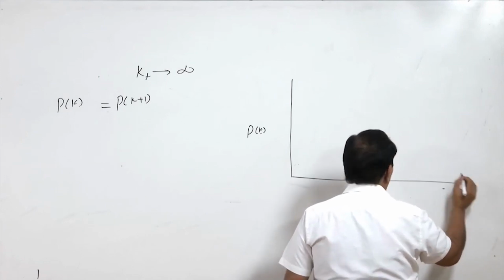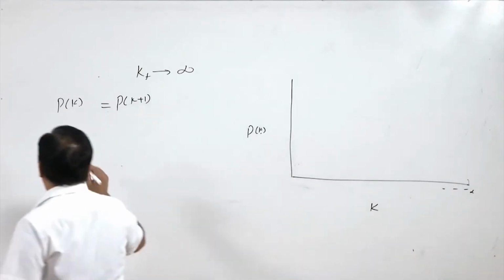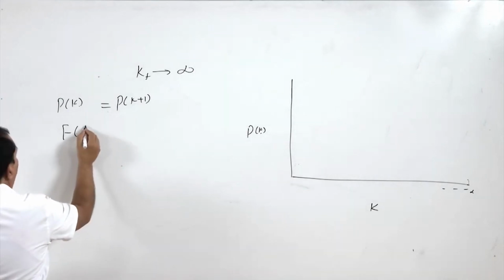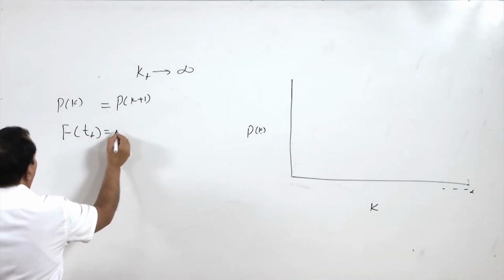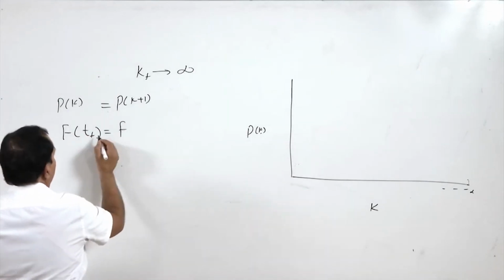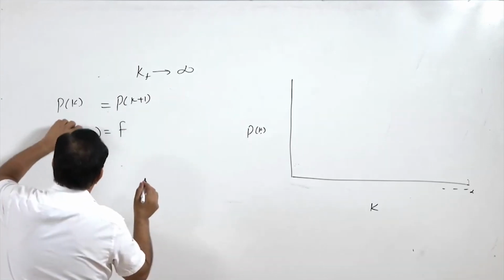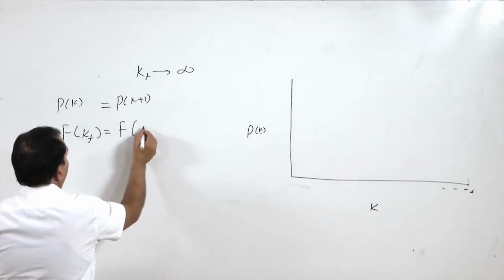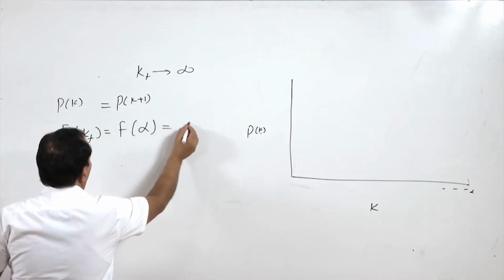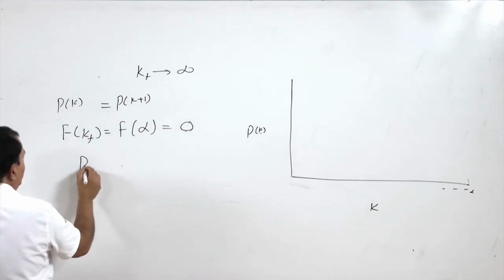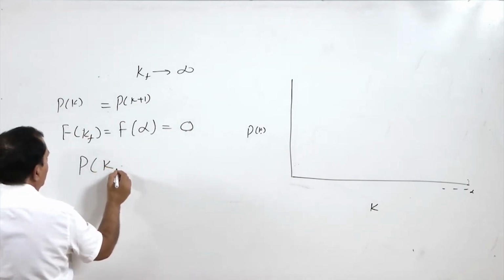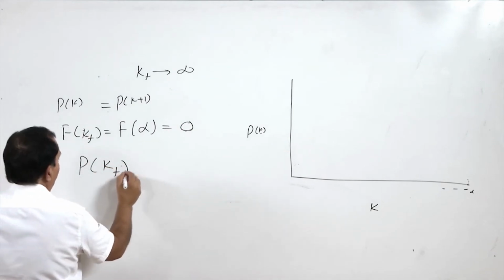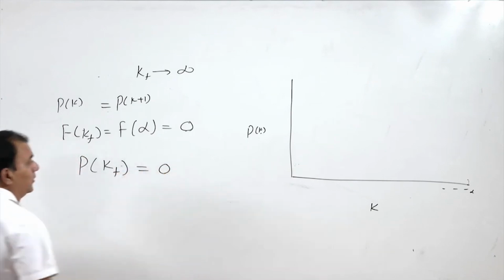I am starting from this 0 value, and as K_f is infinity, my F of K_f is nothing but infinity and this will be 0, this my P_{K_f} is nothing but 0.